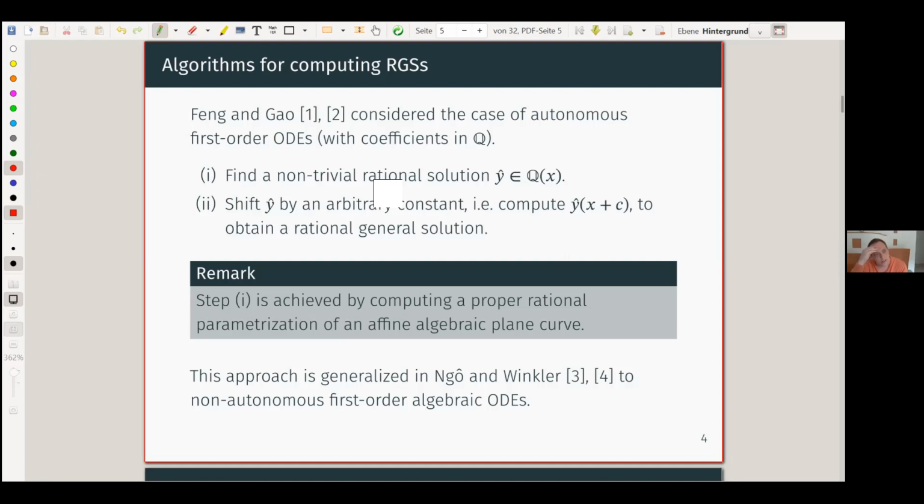So they construct this solution from a proper rational parametrization. For these, we know what the degrees look like. So in this sense, I don't think so. So this is saying that every general solution looks like this. Well, in principle. Is it saying that for every y hat you have this family?